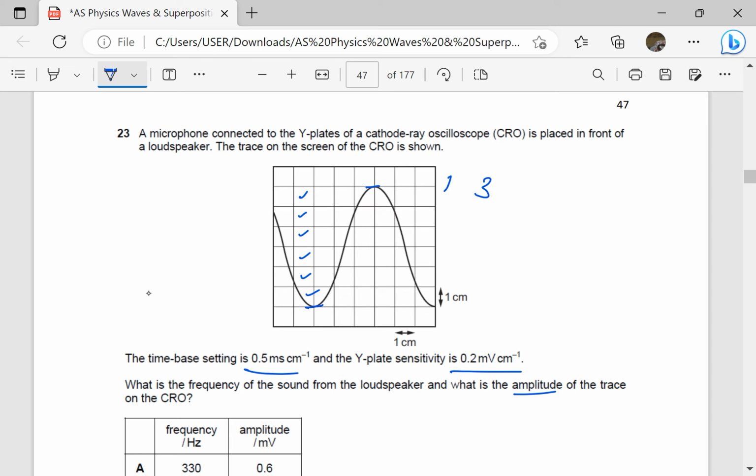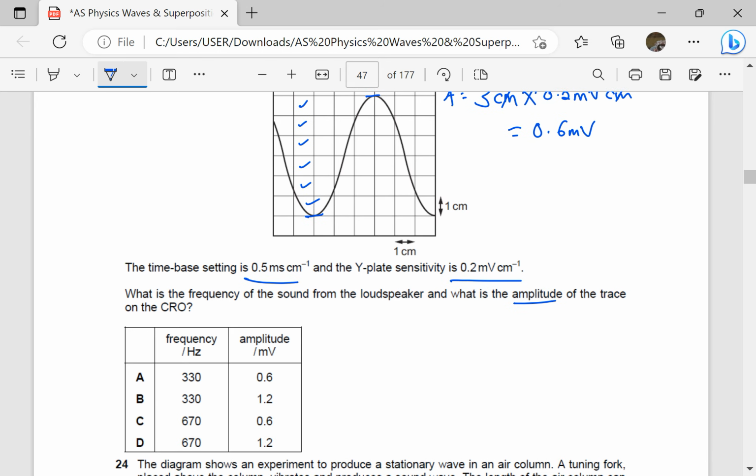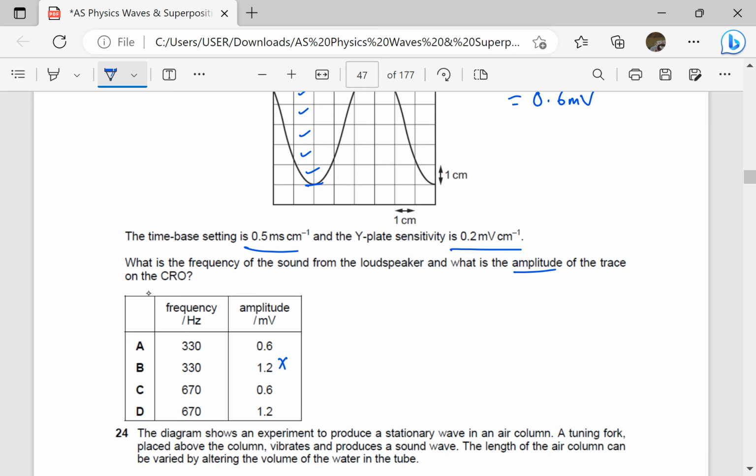I'll multiply this by the Y plate sensitivity, so this is times 0.2 millivolts per centimeter. Per centimeter cancels. This gives me 0.6 millivolts. So it means I eliminate B and D. I remain with A and C.